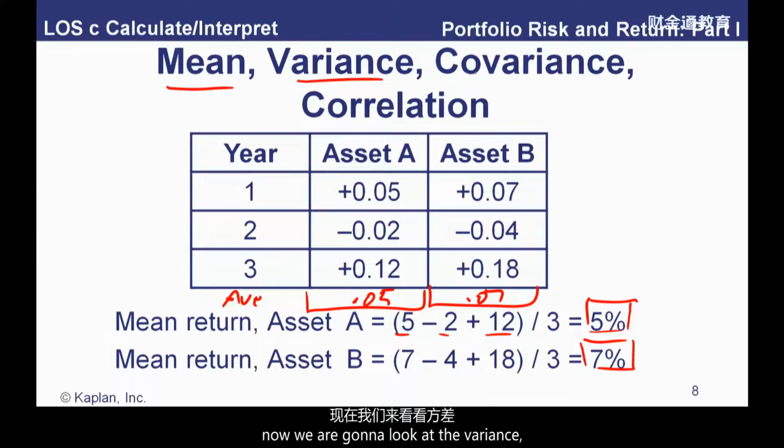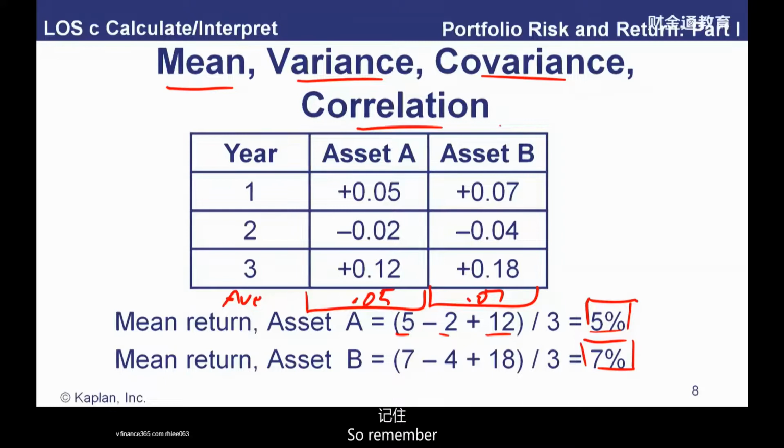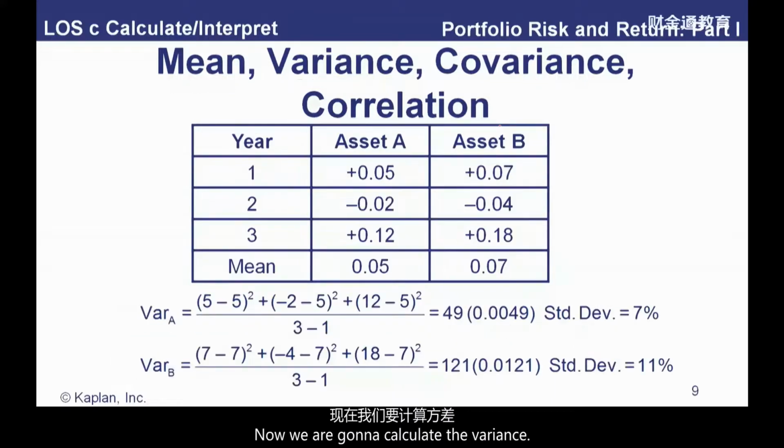Now we're going to look at the variance, then the covariance, and then the correlation. So same data. Let's just walk through and make sure that we're all okay with this. So remember, asset A has a mean return of 5%. Well, now we're going to calculate the variance. Variance and its cousin, standard deviation, are described as variability about the mean.